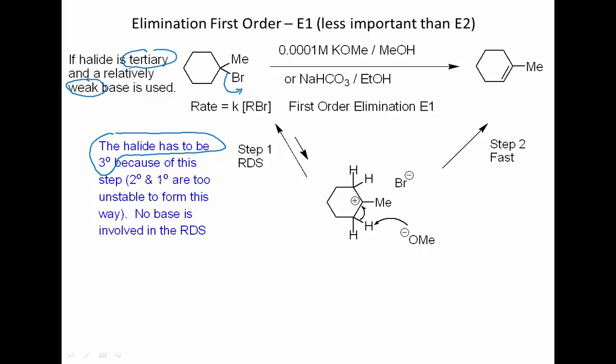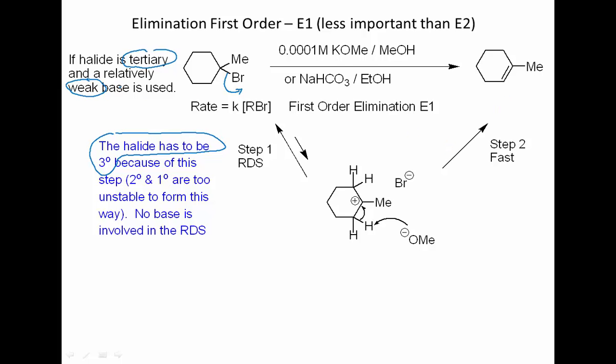The carbocations that are derived from primary and secondary halides doing this process are not nearly as stable. In step 2, which is the fast step of the reaction, the hydrogen is removed from the beta position and we produce this product.